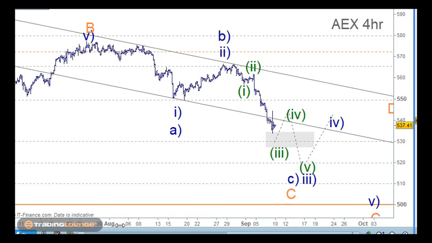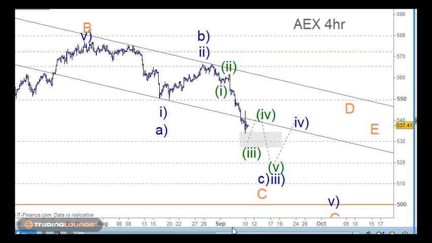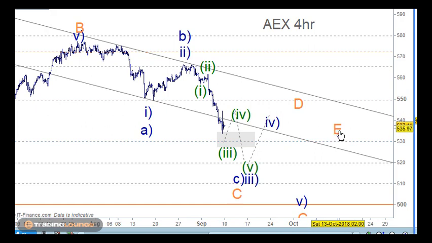Last time we spoke, we're looking at wave B up here, but it's possible that if we put it towards the DAX, then we can look at this as an A wave to here, B wave to here, and then 5 waves down, 1 and 2 and 3 and 4 and 5 here, as wave C of C here, and then we would go into wave D here, and then wave E over here.